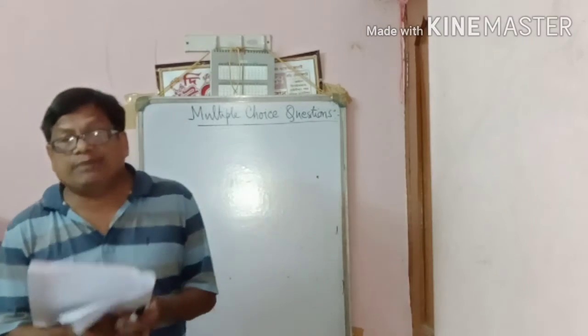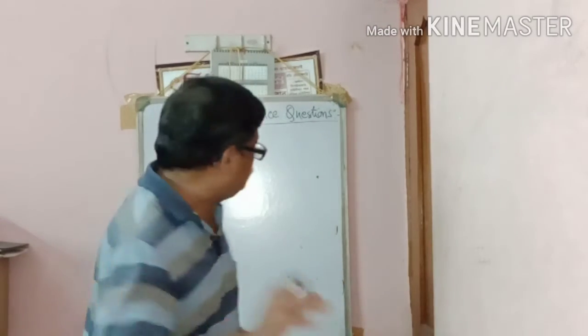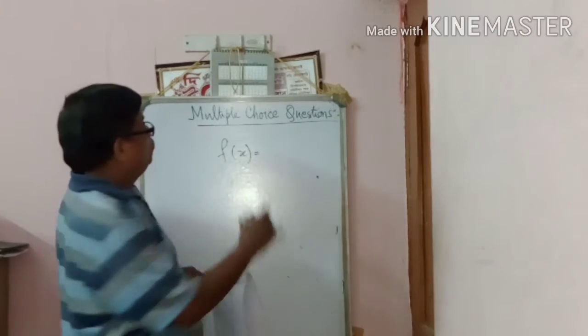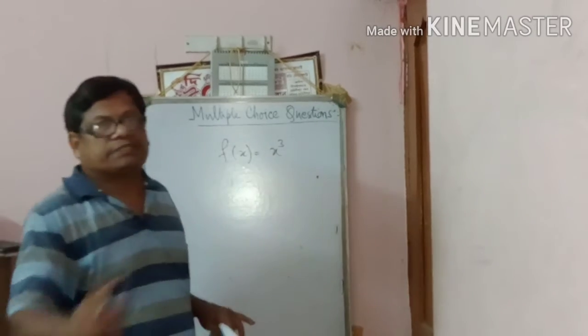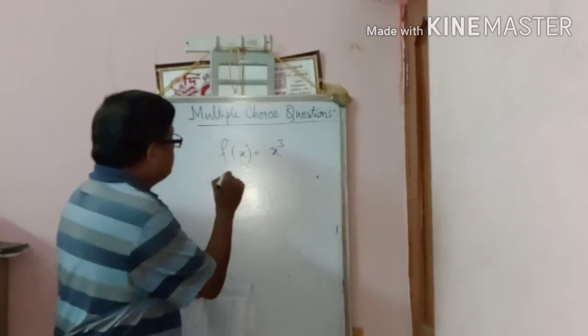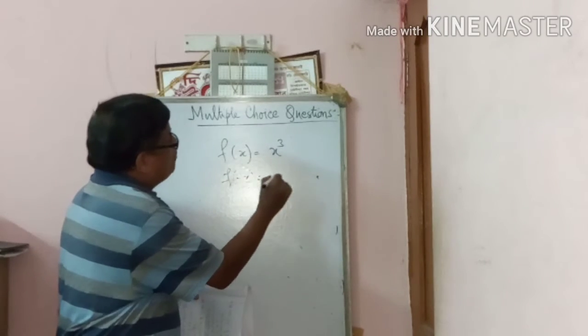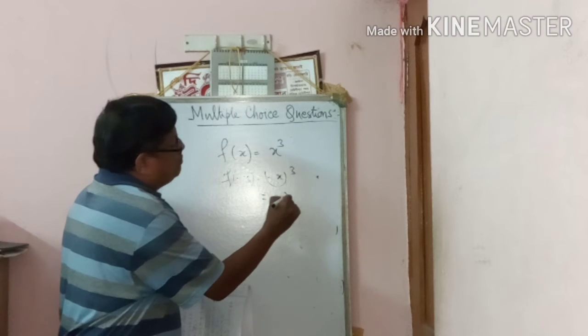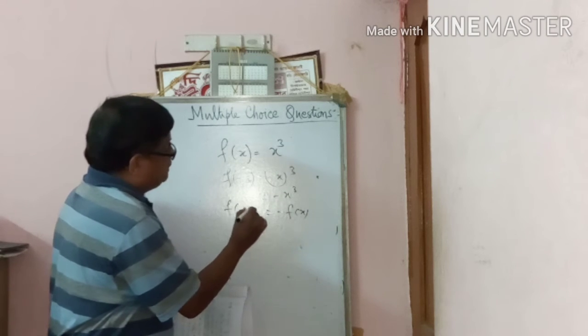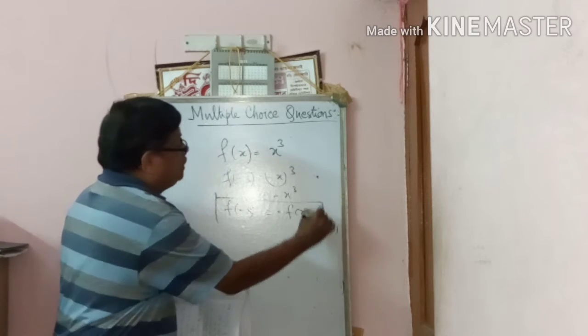Suppose you write f of x equal to x cube, a shortcut method. See, this is an odd function. Why odd? If we put f of minus x, it is minus x whole cube, that is minus x cube, that is minus f of x. So f of minus x equals minus f of x. That is how it is.